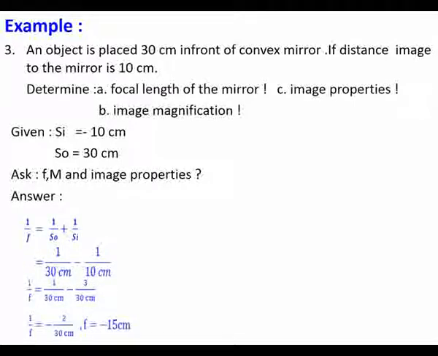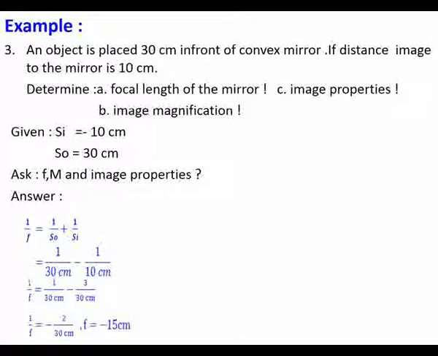For question A, from the information given, SI equals minus 10 centimeters, SO equals 30 centimeters. To determine F, we can use the formula 1 per F equals 1 per SO plus 1 per SI.